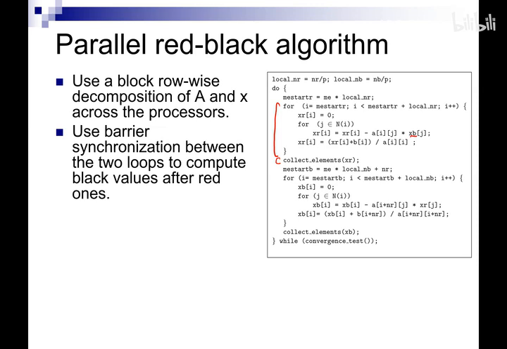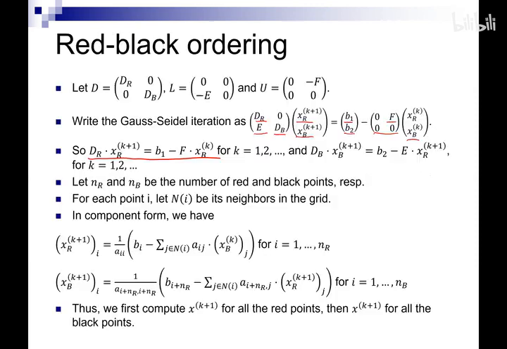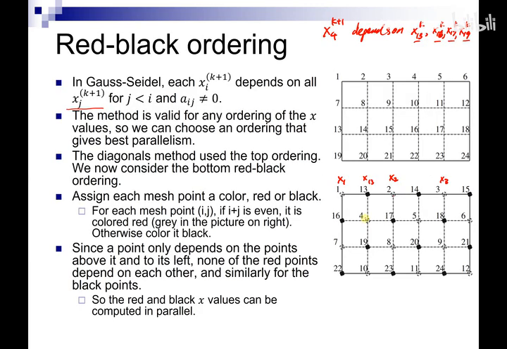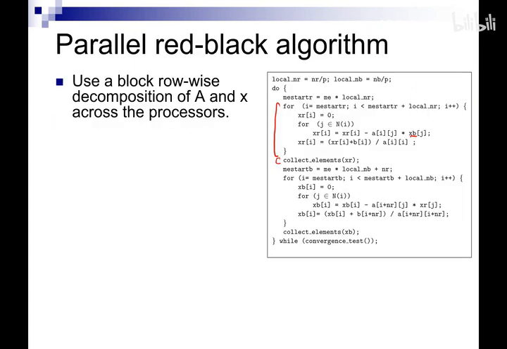So this collect elements here is going to include a barrier. And after you compute these values, you need to distribute them to these black points. Okay, so collect elements is also going to do that communication step. And then finally, we're going to do all of the black points in parallel. Okay, so here are the black points, and they're going to depend on these red values.